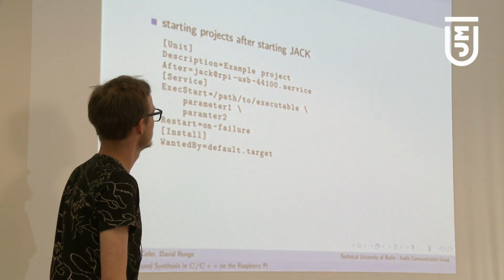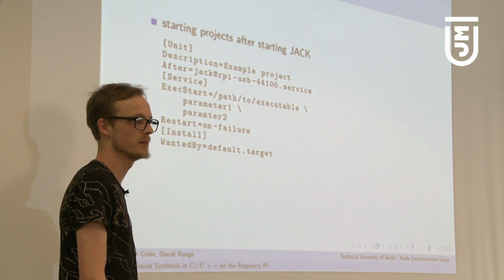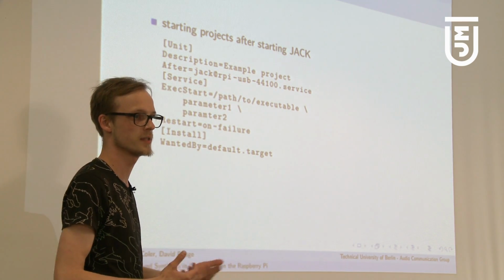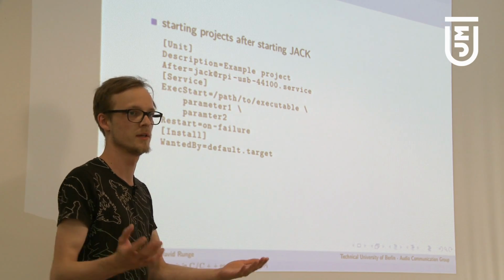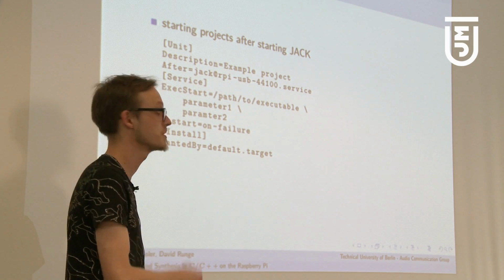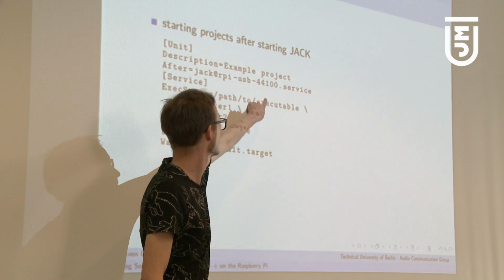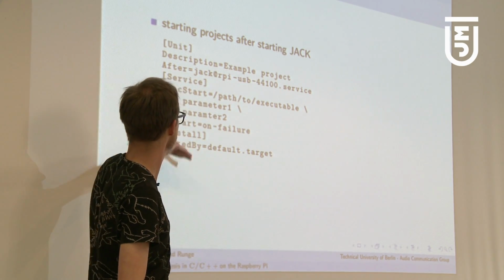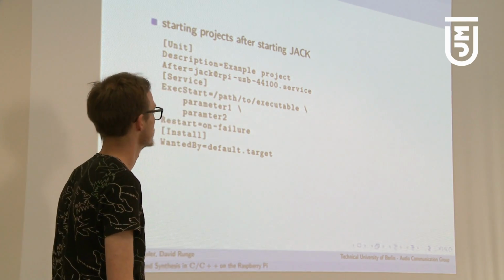Then we also gave some introduction on how to start the projects that the students were working on, because obviously, like any good startup script, you want to have it started in the correct order, and in this case, Jack needs to be started. Depending on which Jack setup you use, you would have to start whatever project you're working on after the Jack service.